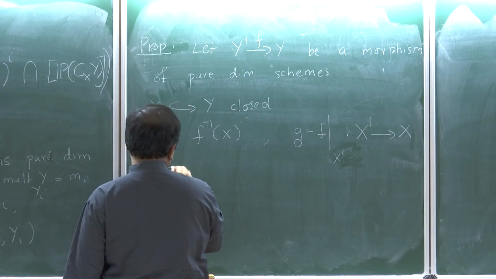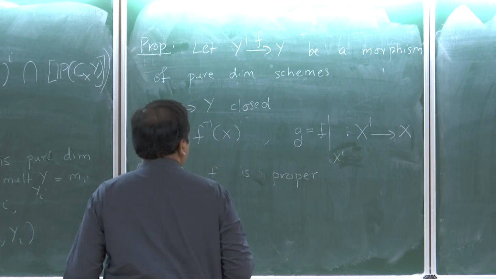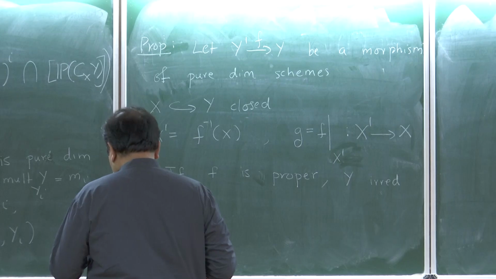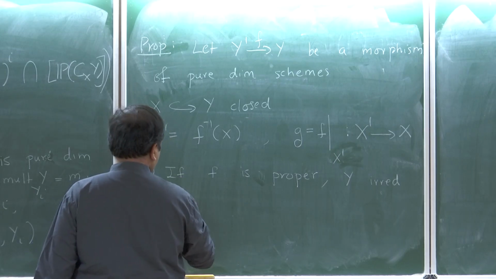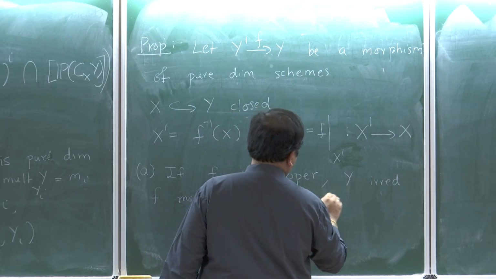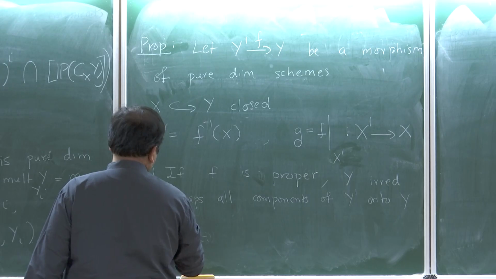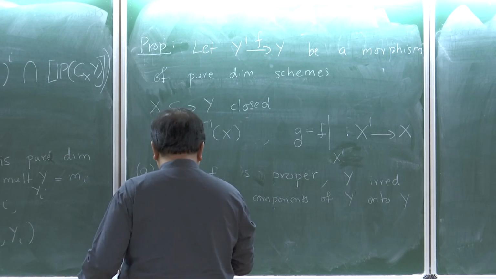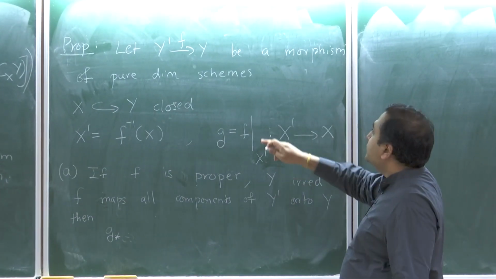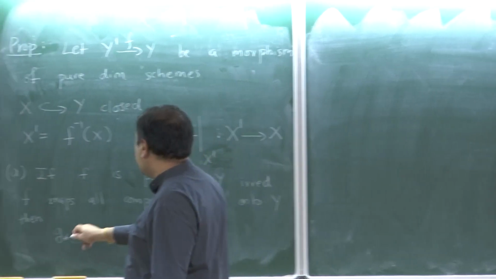So then, if f is proper, so that we can talk about the push forward, then we take Y to be irreducible, and f maps all components of Y prime onto Y. Then the Segre class of Y prime at X prime is supported on X prime, so I'll just push forward along g.